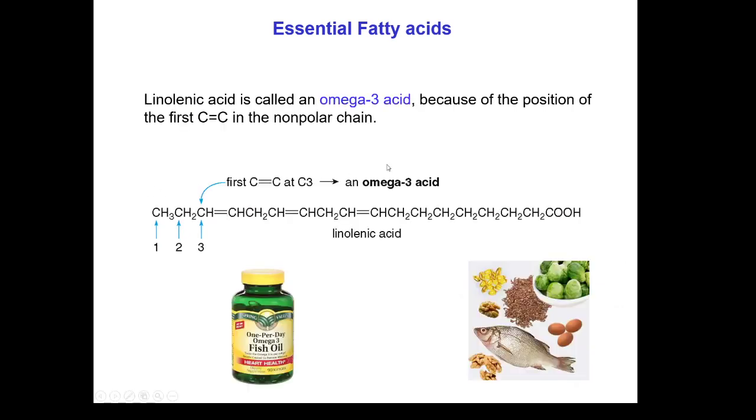Omega-3. So that's why you could buy your fish oil supplement. It says omega-3s, or contains omega-3-6-9s, or things like that.